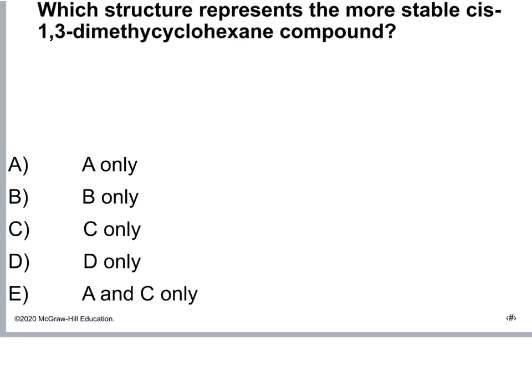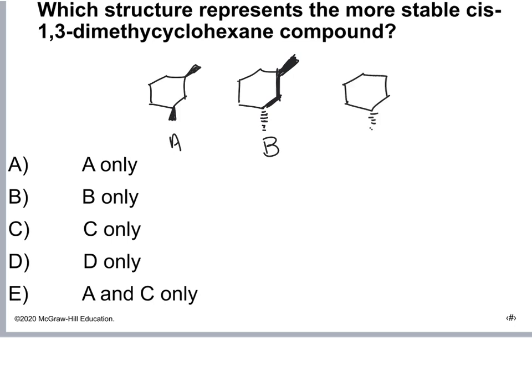Okay, so I will draw these two-dimensional structures. So this is A. This is B. That's C. And that's D. Which structure represents the most stable cis 1,3-dimethylcyclohexane compound?